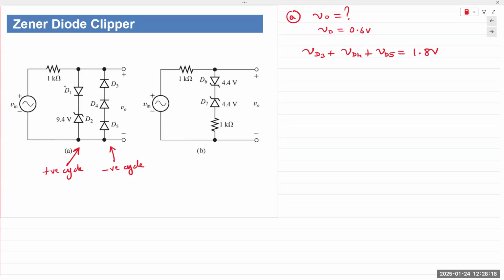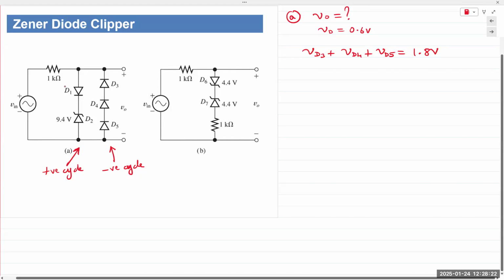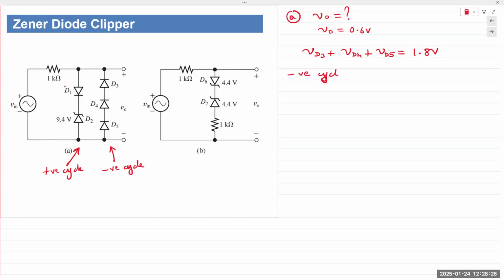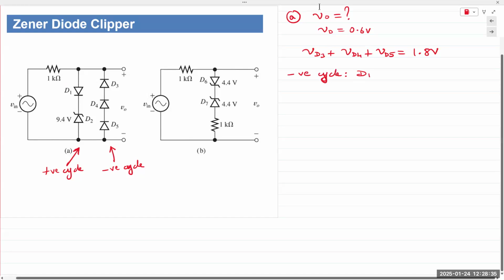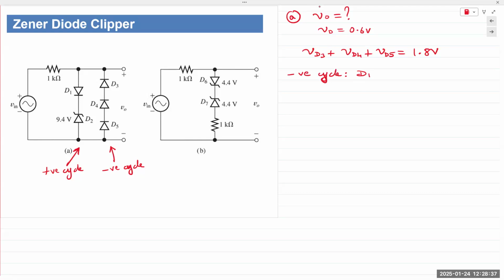In the positive cycle, actually, let's finish negative first, then I'll talk about positive. So in the negative cycle, D1 and the Zener are off. We won't worry about that for now. We just leave it as it is. And the combined voltage drop, VD total, is 1.8 volts.